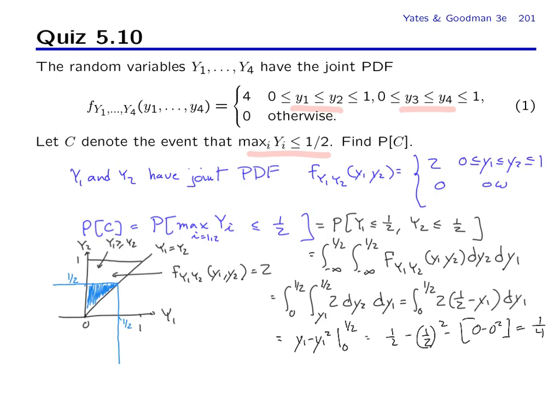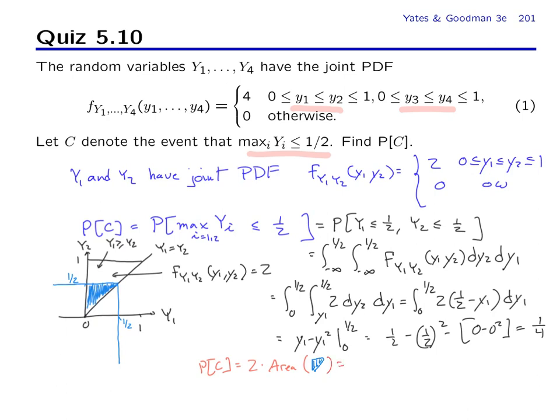So we solve this problem using the definitions, but in fact the calculus steps weren't really necessary. P of C is equal to the density, which is equal to 2 times the area of the blue triangle.